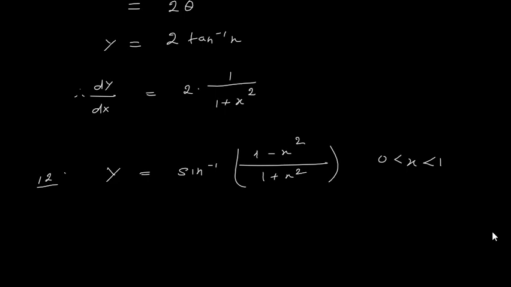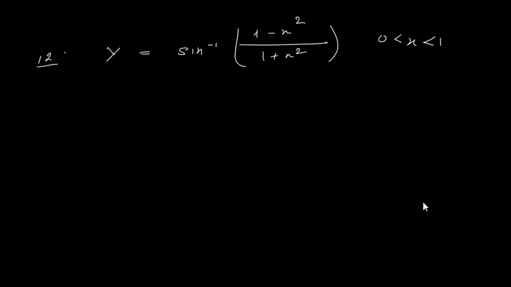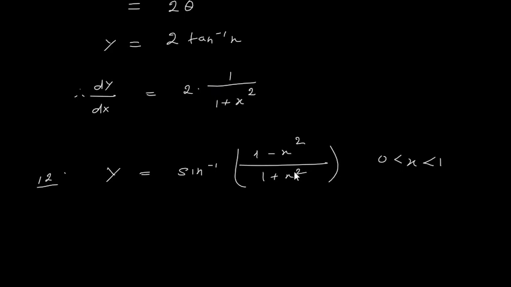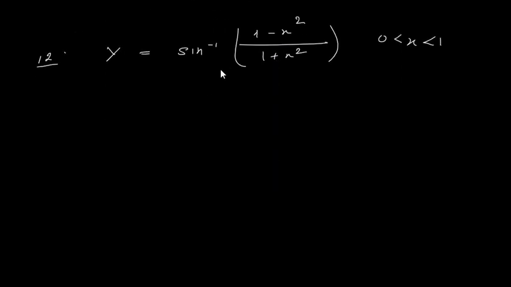The problem is y is equal to sine inverse of (1 minus x square) upon (1 plus x square). As you saw in the previous problem, if I substitute x as tan theta, the problem converts into the form of cos. Now from cos, to convert into sine, you know the formula that cos theta is sine of 90 minus theta. So that formula we are going to use here. Let x equal tan theta.